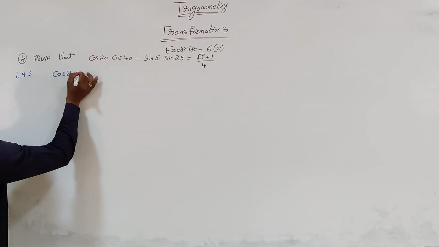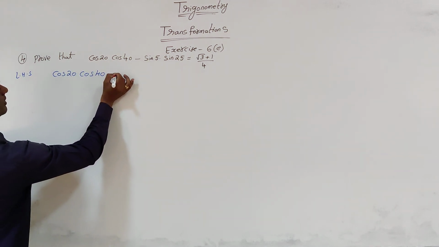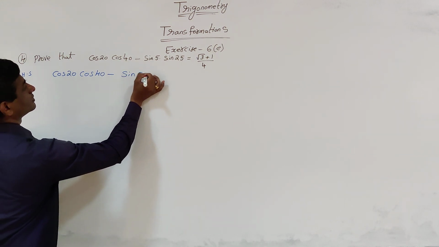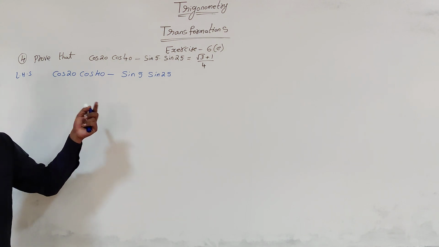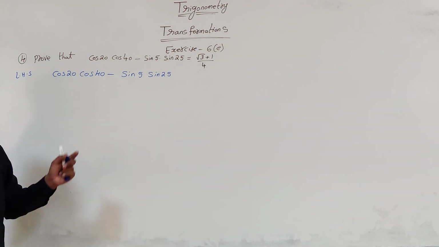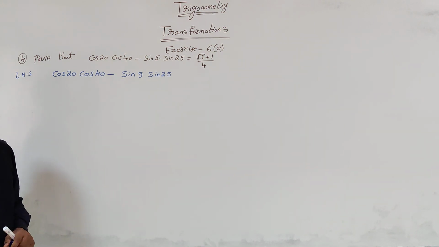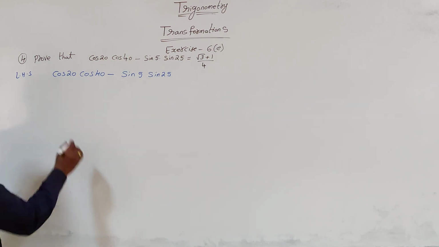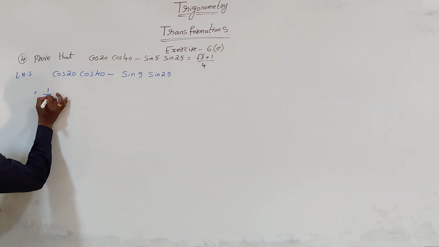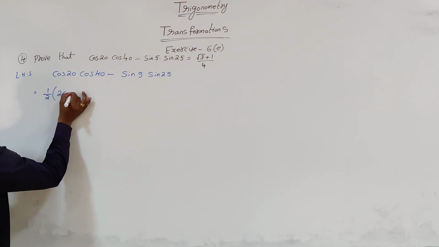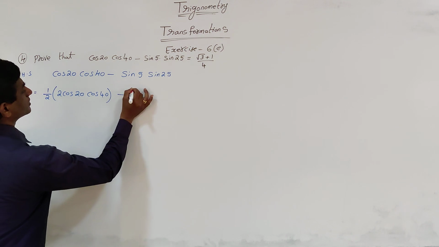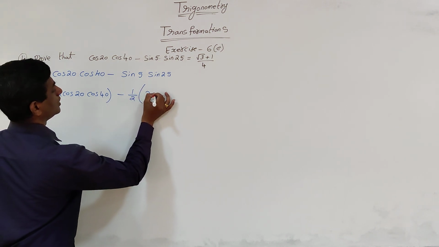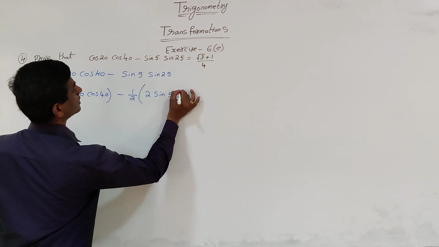Cos 20 cos 40 minus sin 5 sin 25. See here, the angles are different: 20, 40, 5, 25. It is not in the form of cos A cos B minus sin A sin B. Angles are different. So we multiply and divide by 2: 1 by 2 into 2 cos 20 cos 40 minus 1 by 2 times 2 sin 5 sin 25.